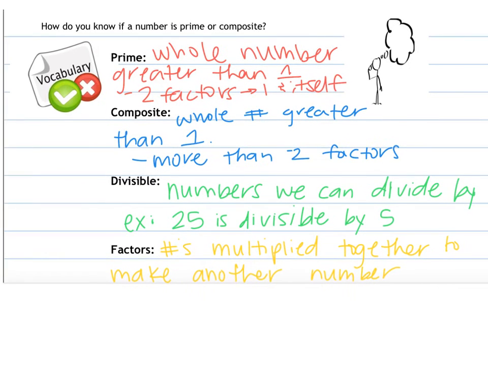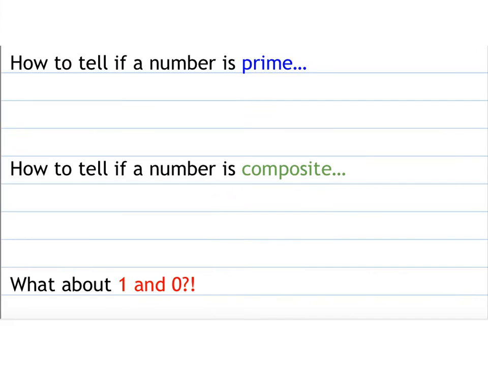So for example, let me think of an example here, 18. Factors of 18, those are the numbers that would multiply to make 18. Well, 1 and 18, I can multiply 2 and 9 to make 18, or I could multiply 3 and 6 to make 18. So all of those numbers multiply together to make another number.